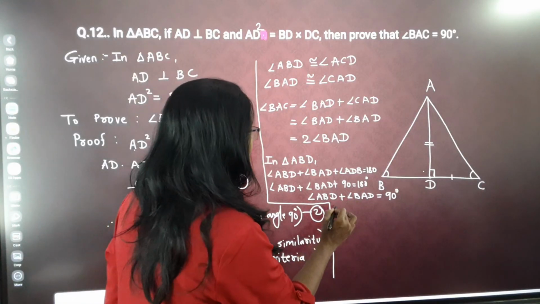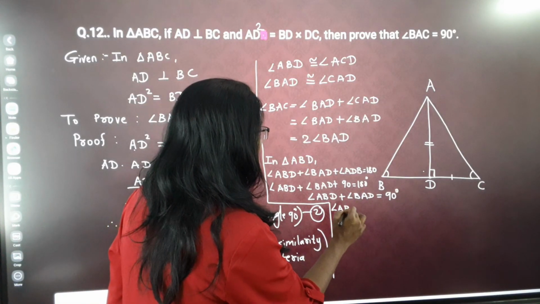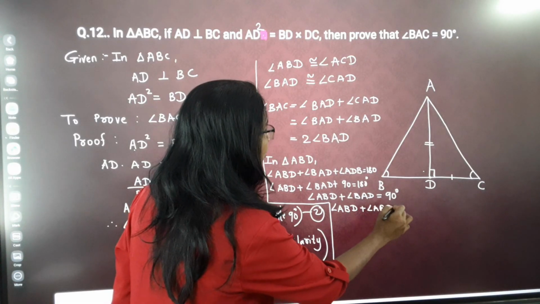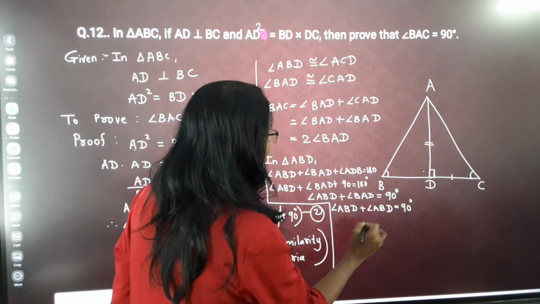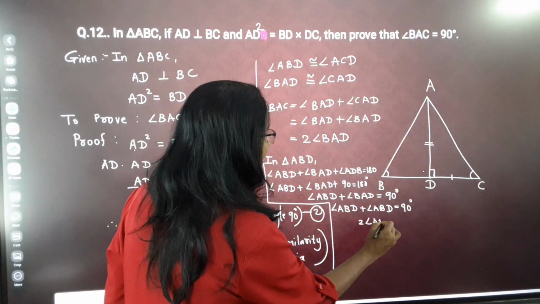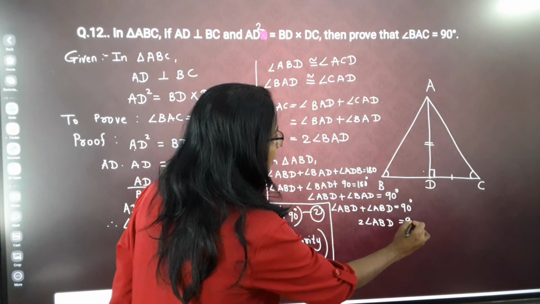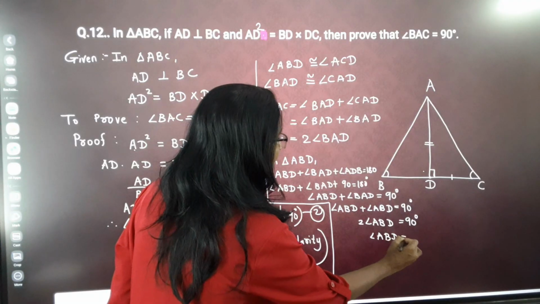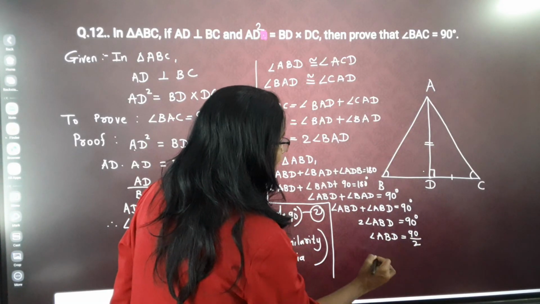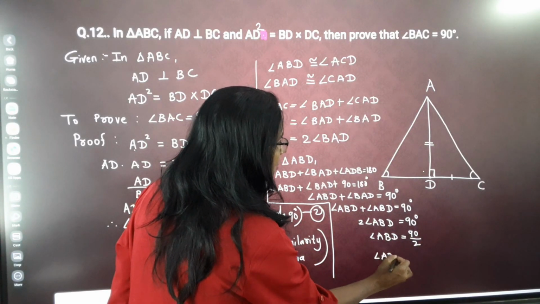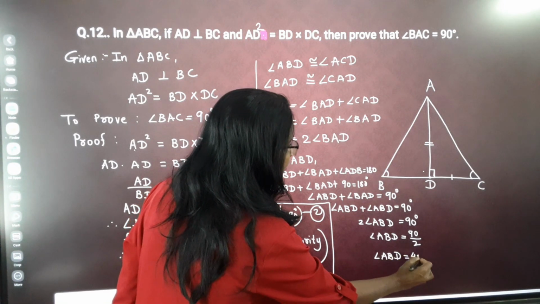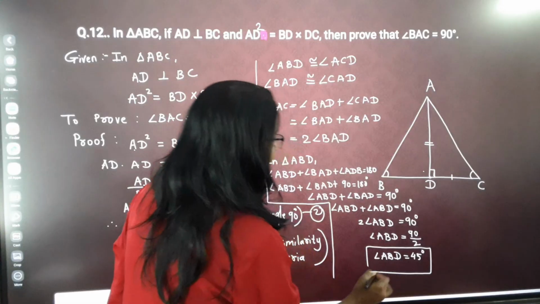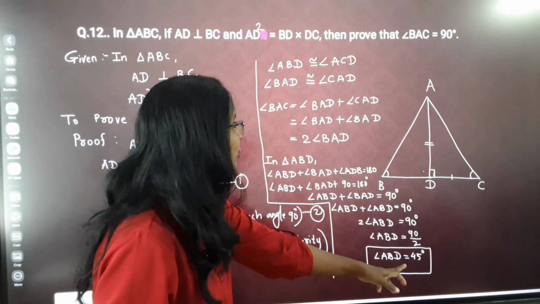So instead of this I write angle ABD plus angle ABD is equal to 90 degrees. So two angle ABD is equal to 90 degrees, so angle ABD is equal to 90 upon 2, and then angle ABD is equal to 45 degrees. So now we got that angle ABD is 45 degrees.